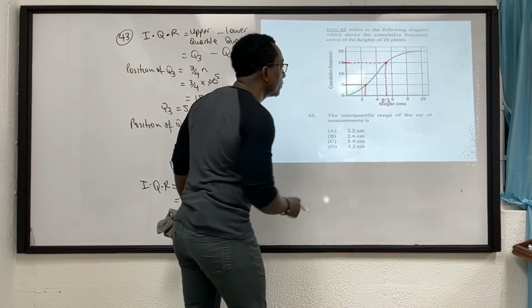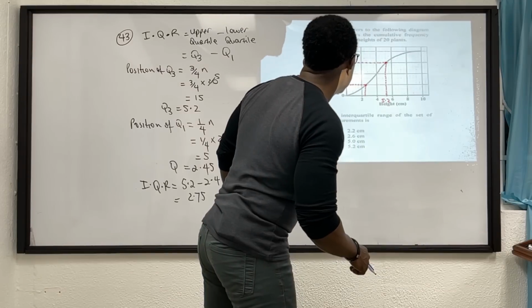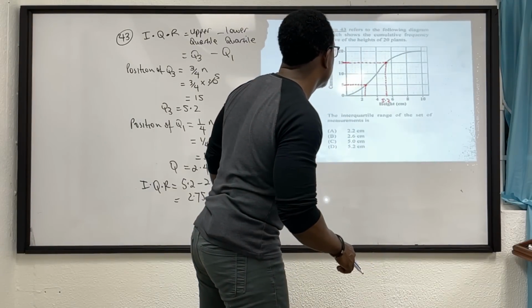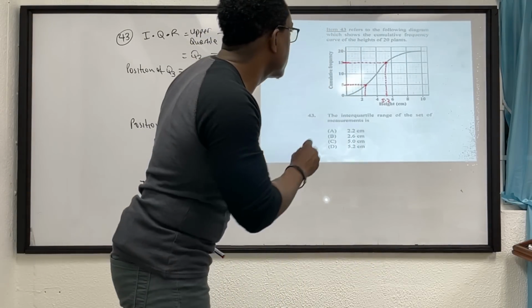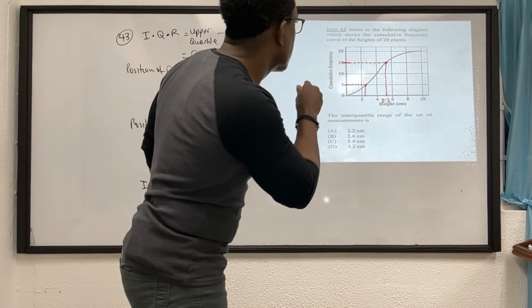If this is 2, we're looking at here 2.4; if this is 4, then 4.4, 4.8.